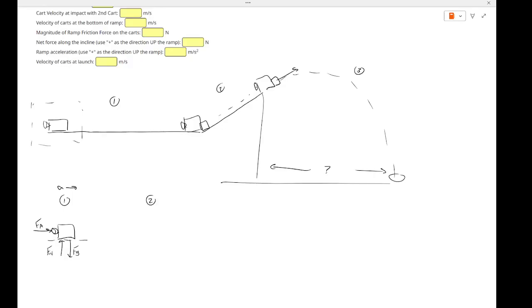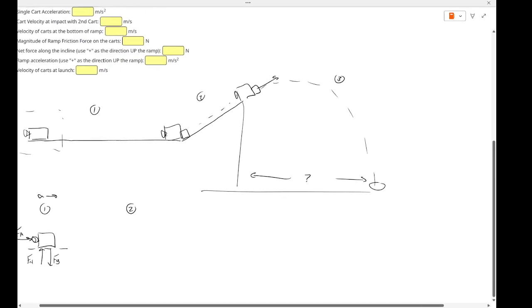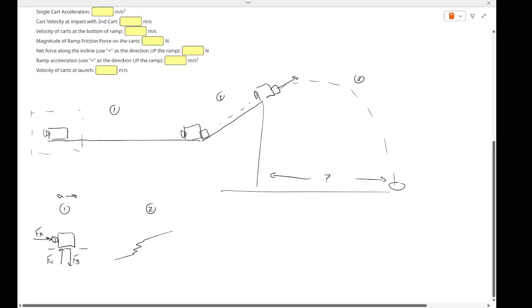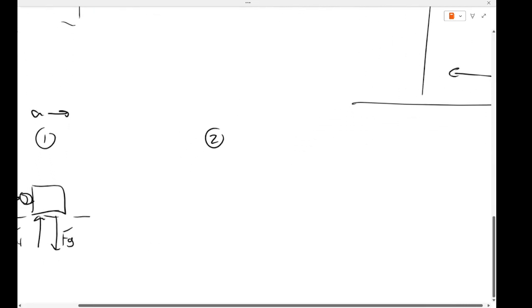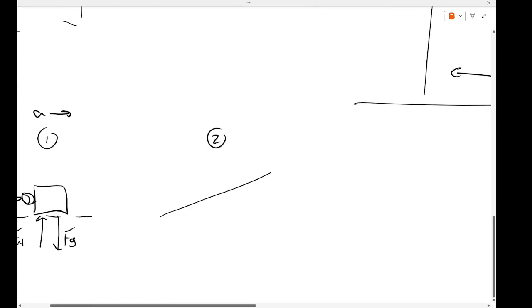So we'll do the incline. We've got our ramp. Zoom in here a little bit and draw a nice ramp here. We've got a ramp angle in this problem of 20 degrees. So this is a 20-degree angle. That's helpful to know. I'm going to put the carts here. They're stuck together.